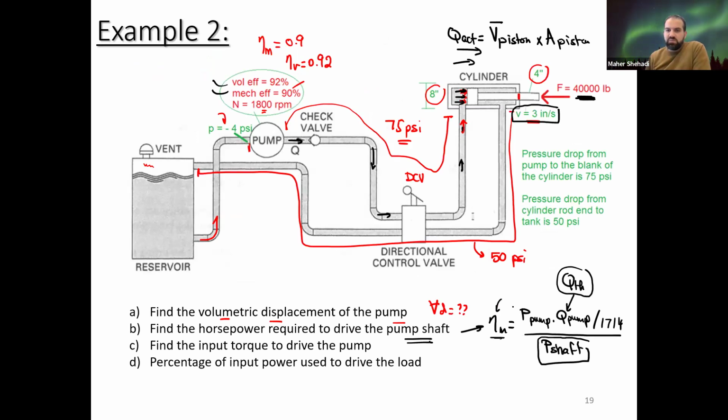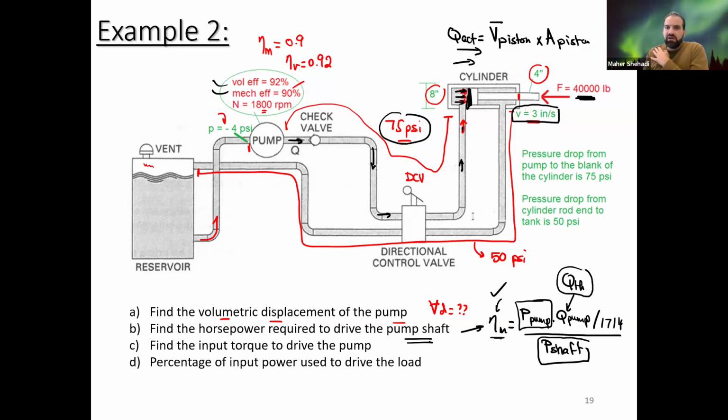Because I do have the Q's, the question is, what's P of the pump? What's the pressure needed or created by the pump? It's the delivery pressure. We did this in chapter 1. It was the last example that we did, similar to it, not exactly that one, but it's this pressure, 75, and then I reached here. We did the actual line pressure drops with the DCV last time.